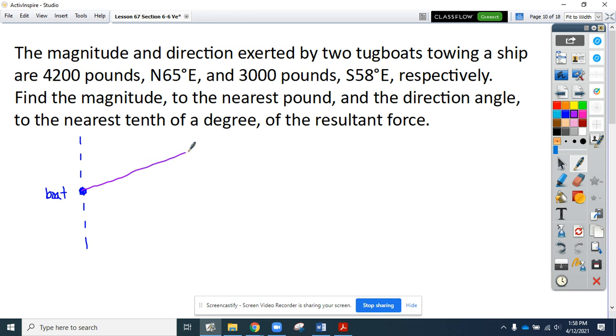And we're going, that's not straight. 4,200 pounds is the force. And remember in our picture, that looks like the length. All right. So this was 65 degrees. Right. Then it says the other ship is going south, but turning 58 degrees to the east. And that's 3,000 pounds. So there's our 3,000. And that is 58 degrees.